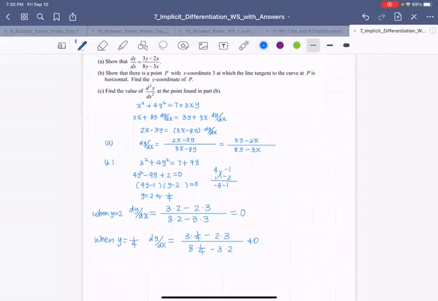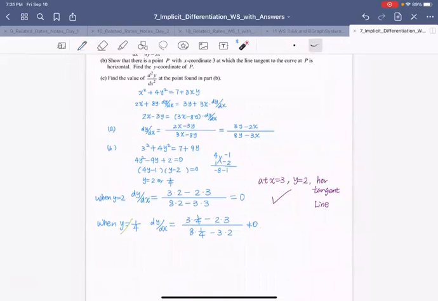So this one is not the answer. This one is the correct one. At x equals 3, y equals 2, we have a horizontal tangent line. Does this make sense now? Yes.